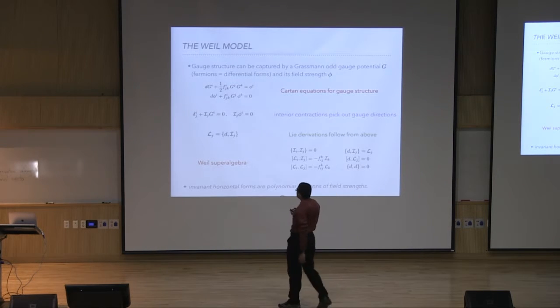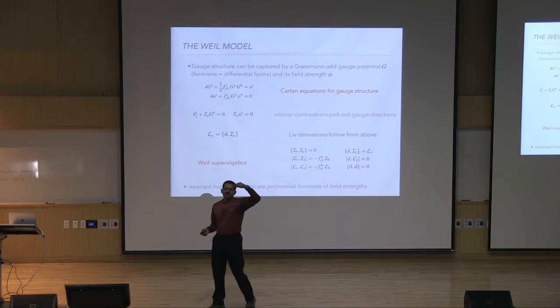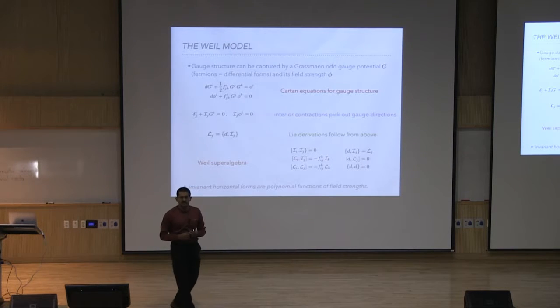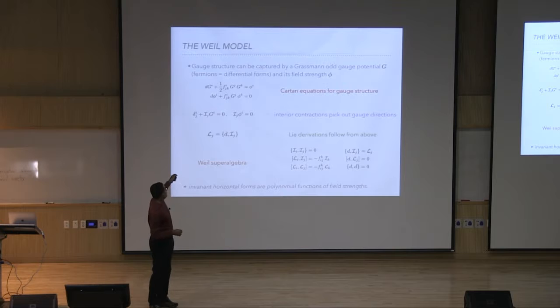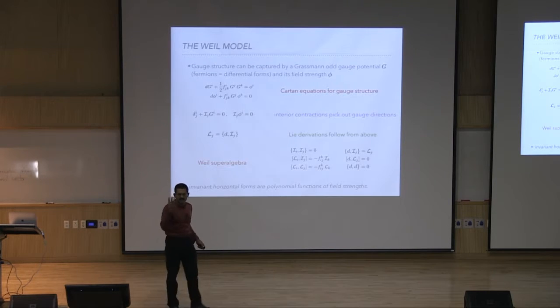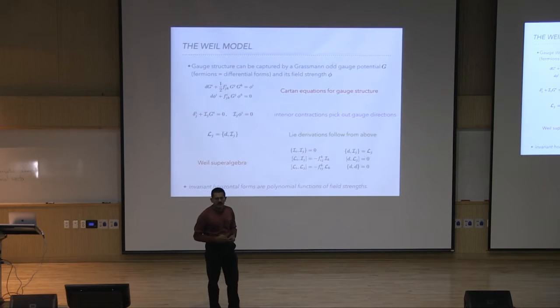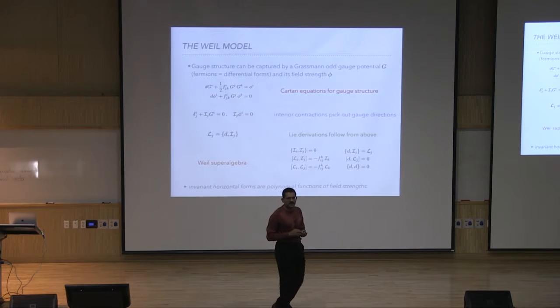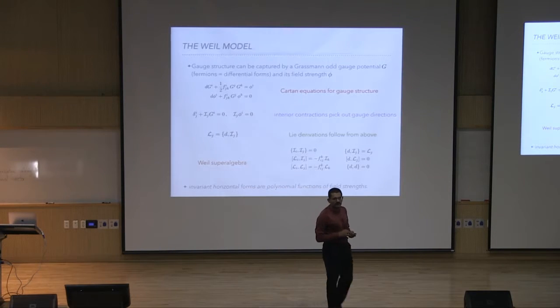Okay, so because you have a Riemannian manifold, you can talk about the space of differential forms in this manifold. You have 0 forms, 1 forms, 2 forms, 3 forms, 4 forms, up to n forms, where n is the dimension of the manifold. Now, on the space of differential forms, there are 3 operations you all know and love, but you don't think of them as a super algebra, but they form a super algebra.